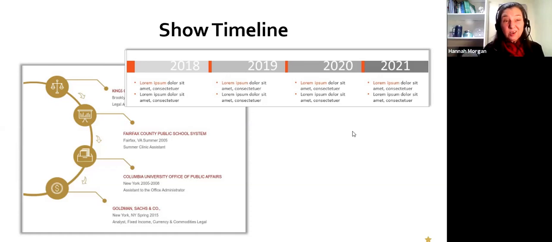But in 99% of the cases today, you are applying through an applicant tracking system, which means it's an automated system where you have to enter the data, your name and your address and all of that stuff. In that case, no, you're not going to upload your infographic resume, because the technology can't read your infographic.